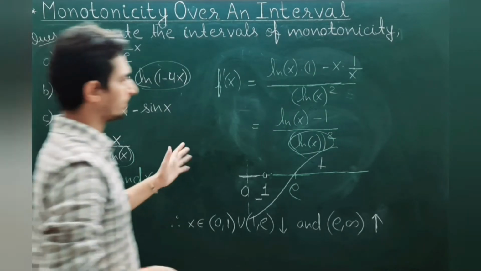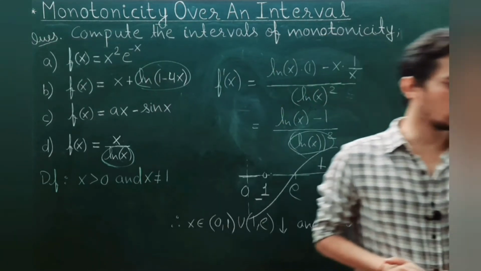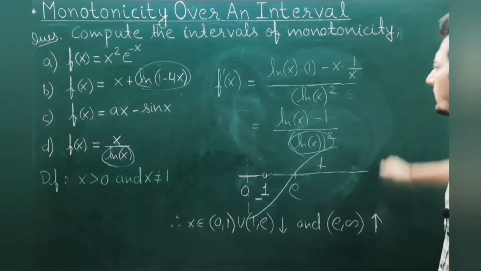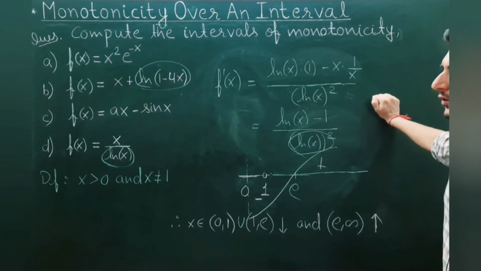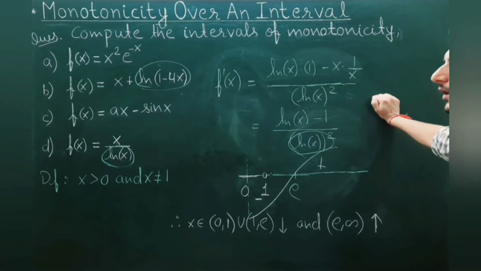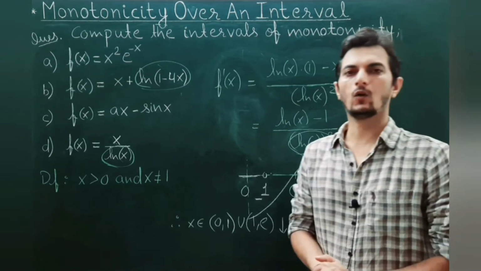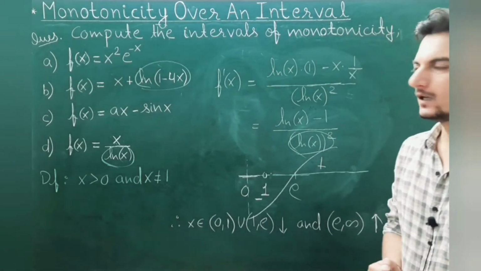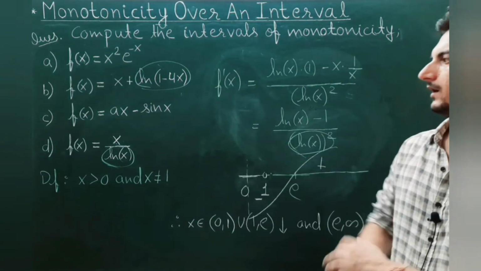So this was an example on monotonicity over an interval, and in this particular question we were asked to find out the intervals of monotonicity, or intervals of increasing and decreasing behavior, of the various functions.